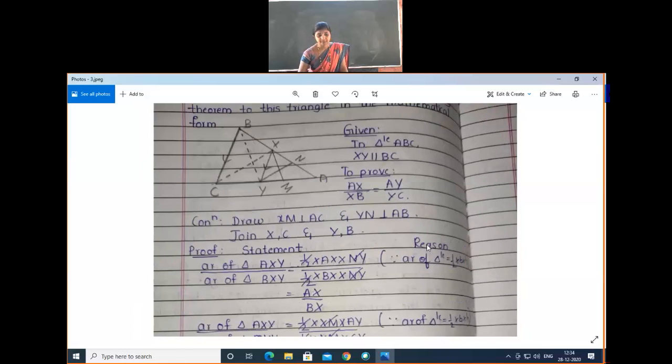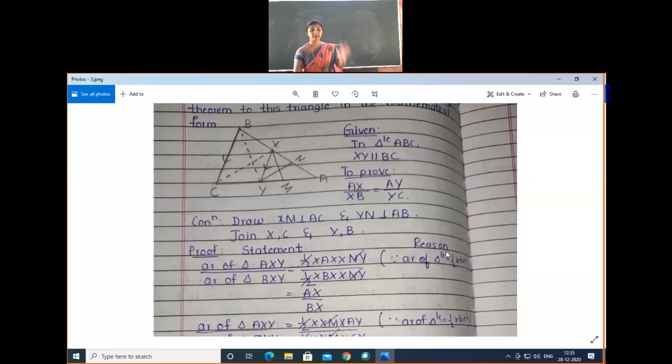Next statement, with the reason on one side: area of triangle AXY divided by area of triangle BXY. Which two triangles do we take here? AXY and BXY. You all know the area of a triangle formula, half into base into height.